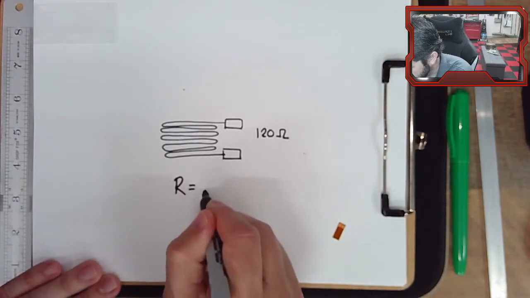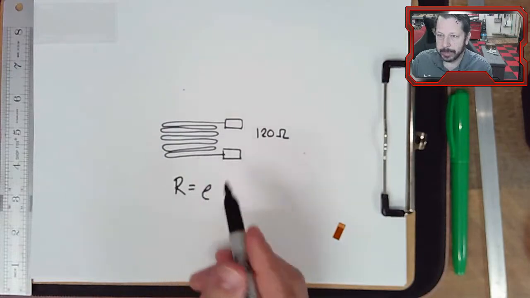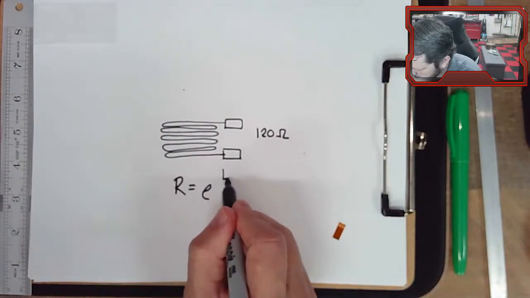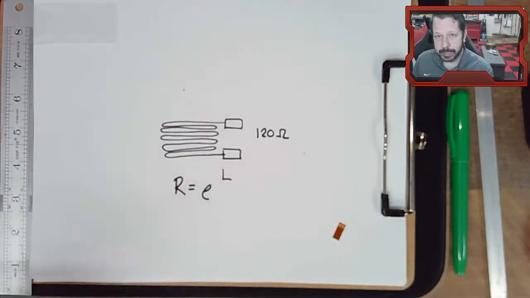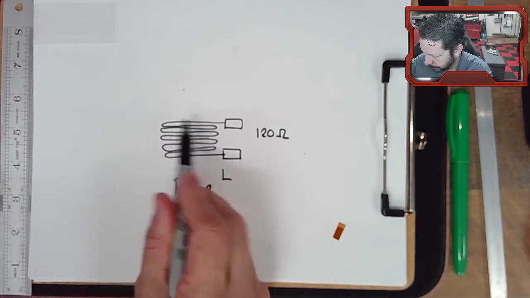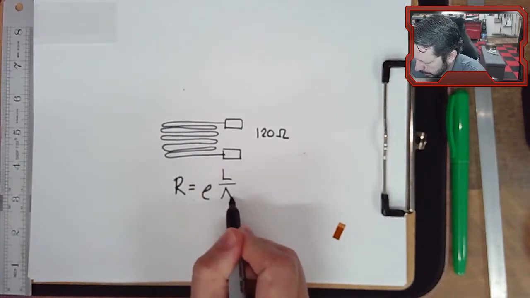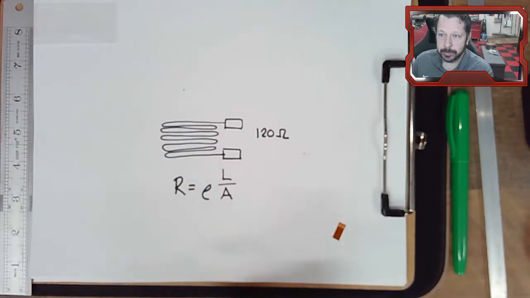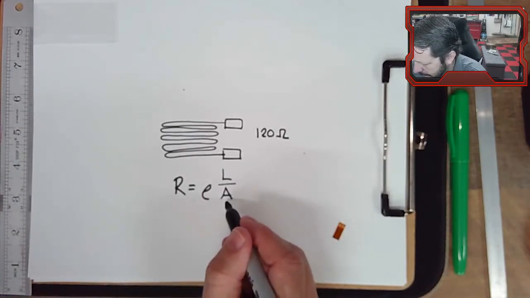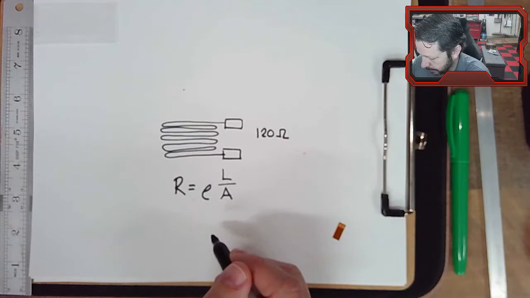R equals rho, the resistivity of the material the resistor is made of, times L, the length of the resistor, in this case all the length of this thing, over A. And this A is what's important for a strain gauge: A is the cross-sectional area.